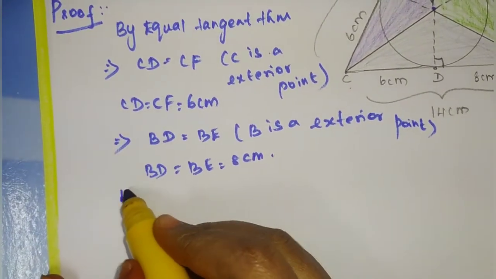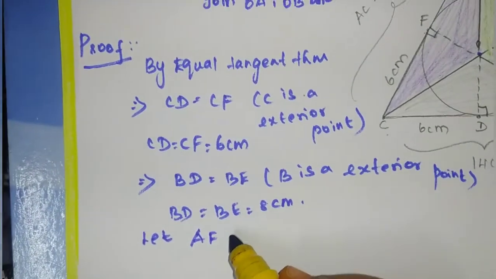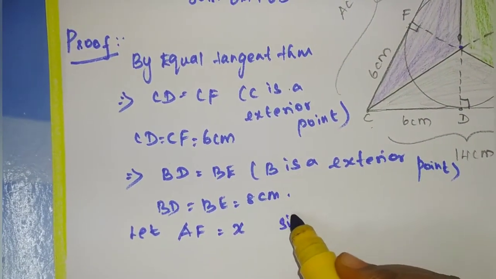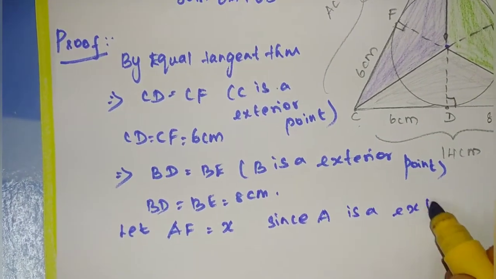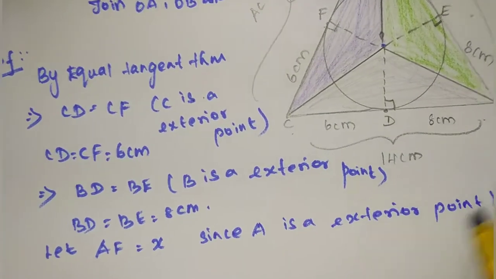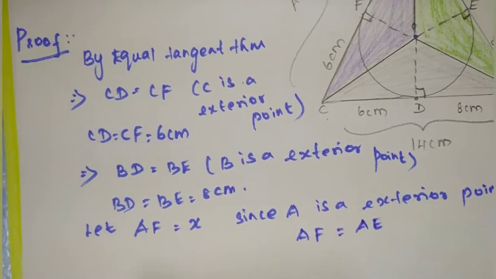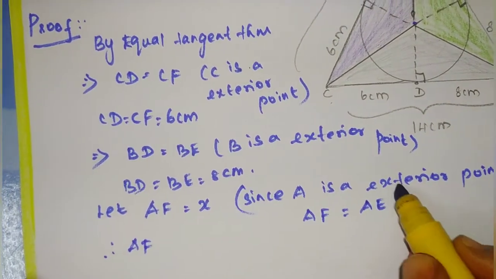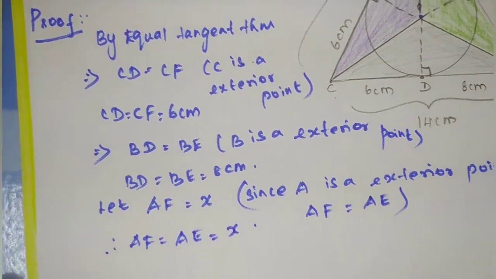Next, let AF be equal to x, and since A is an exterior point, we can tell that AF is equal to AE. Therefore, AF is equal to AE is equal to x.